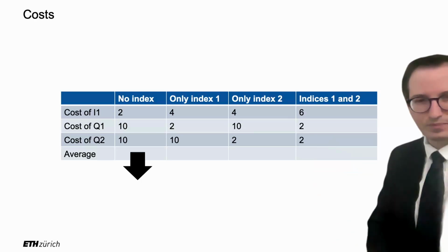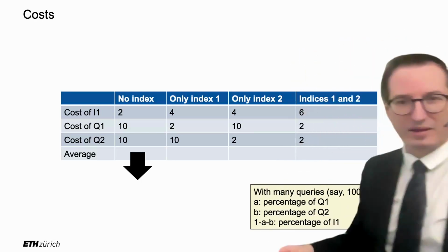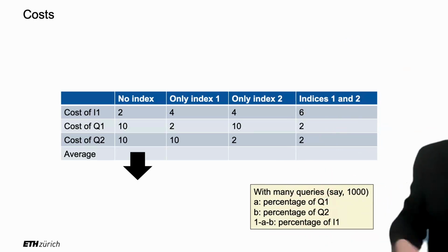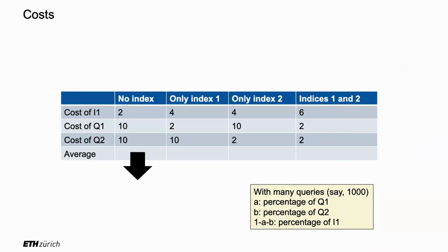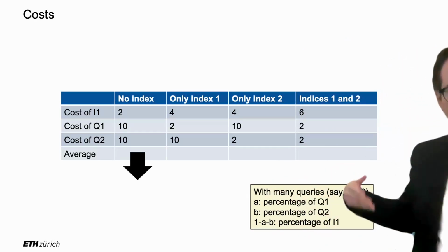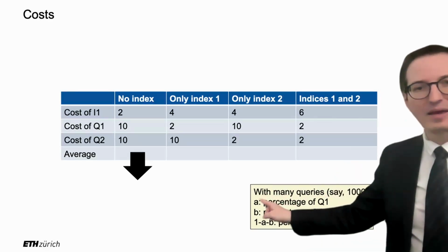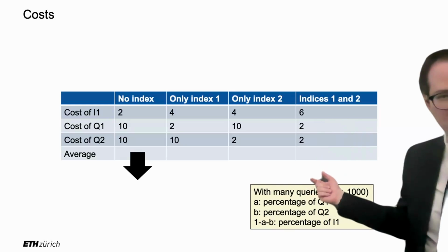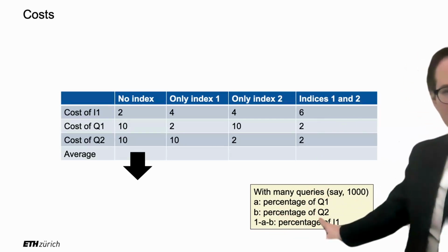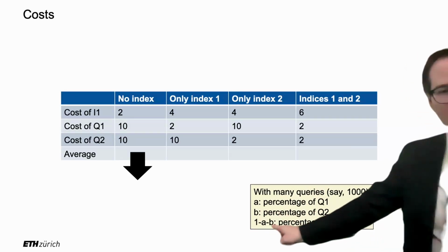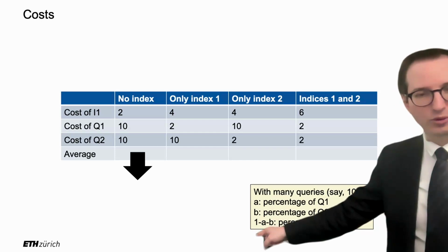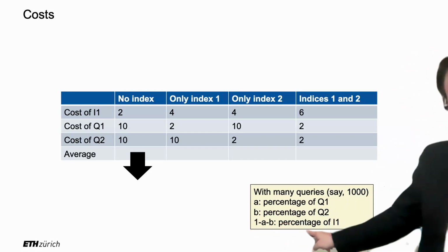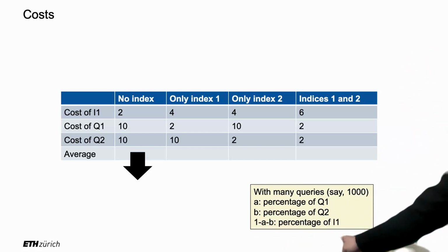And one way to do that is to imagine you have your website that is up and running with millions of visitors, and imagine that if you look at a lot of queries over time, then A is the percentage of query 1, it's a number between 0 and 1. B is the percentage of Q2, query 2, and then the complement, 100% minus A minus B, is the percentage of updates.